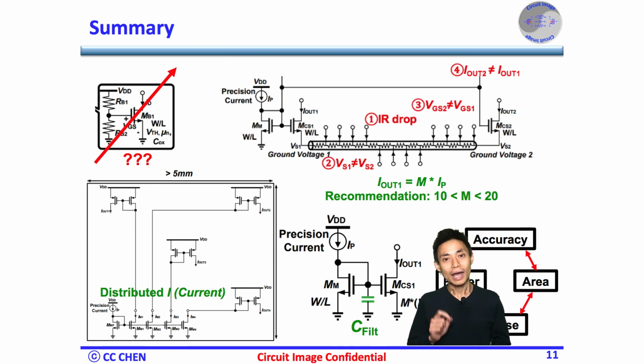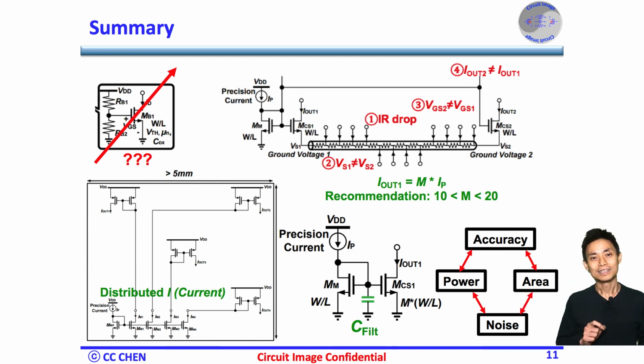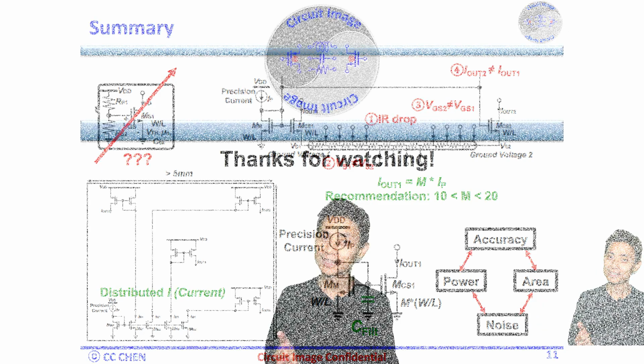But the area overhead could be a limitation. Lastly, the current mirror design has all trade-offs between the accuracy, power, area, noise, etc. And you must optimize based on your system requirement.